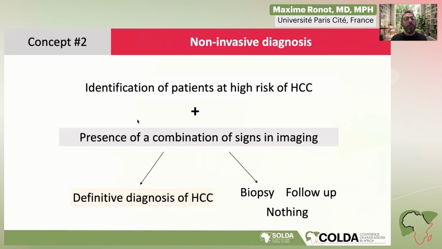It means that if a patient is recognized at high risk of HCC, and if imaging can depict a combination of specific features, well, we can diagnose non-invasively the HCC without the need for pathology. But if the patient is not at high risk, or if the patient does not display all the necessary imaging features, then we need to biopsy.